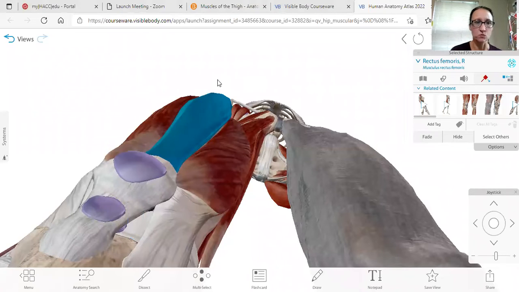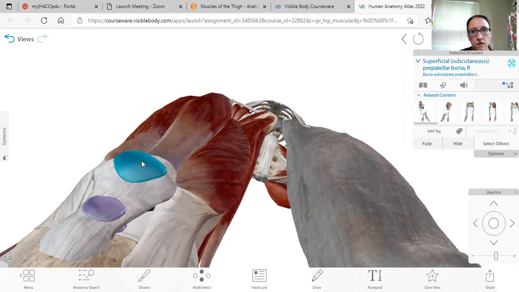Let's get that out of the way. Look, if you see the rectus femoris, I'll just highlight that. Rectus femoris comes into this tendon, right? This is a bursa, by the way. I'm going to hide that. I don't need that there. Let's hide the other bursa here. That's what a bursa looks like. Remember I said it's like a water balloon?